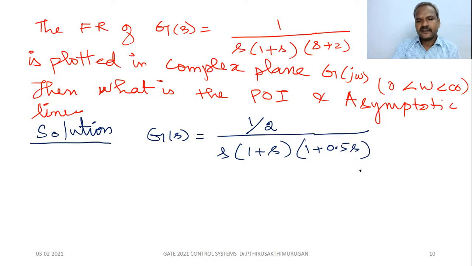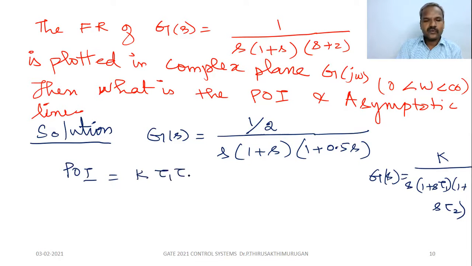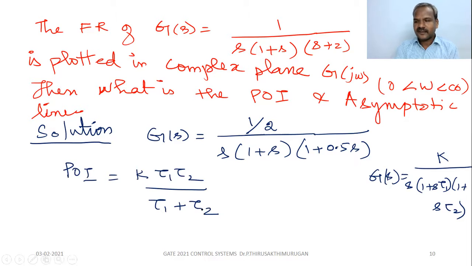So this is similar to the standard transfer function K divided by s into (1 plus s tau 1) into (1 plus s tau 2). For this, the point of intersection, POI, equals K tau 1 tau 2 divided by tau 1 plus tau 2. So where will be the asymptotic line?